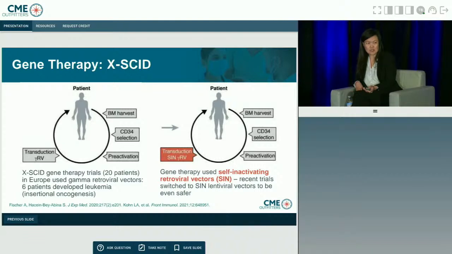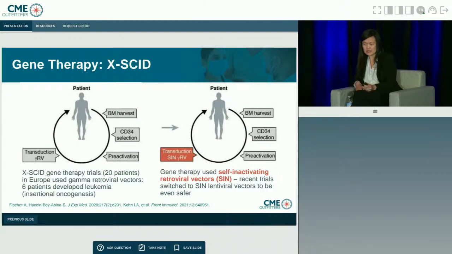Although that was an FDA-approved product from Velis, I think for ADA-SCID, it's now halted. But I will tell you that newer therapies for gene therapy now, when they use the same gamma retroviral vectors, they're using self-inactivating so that it can't turn on nearby genes, reducing that potential for oncogenesis.